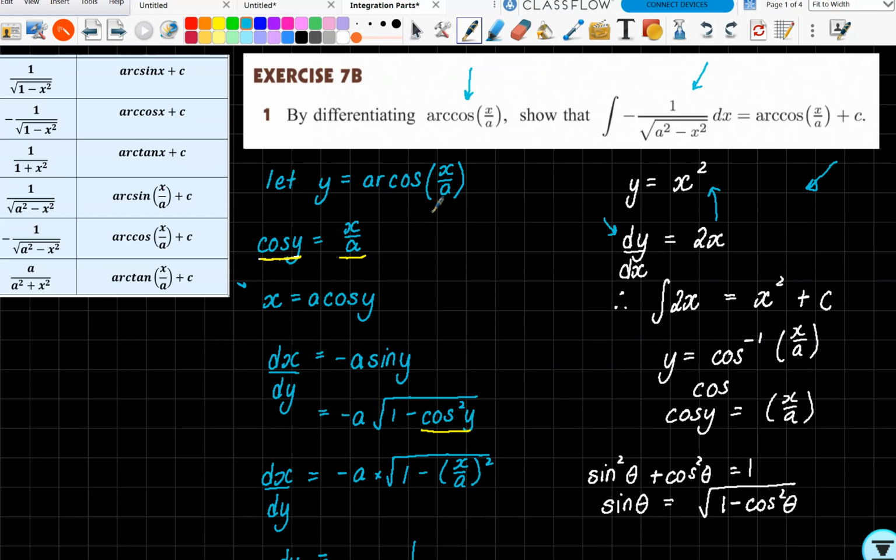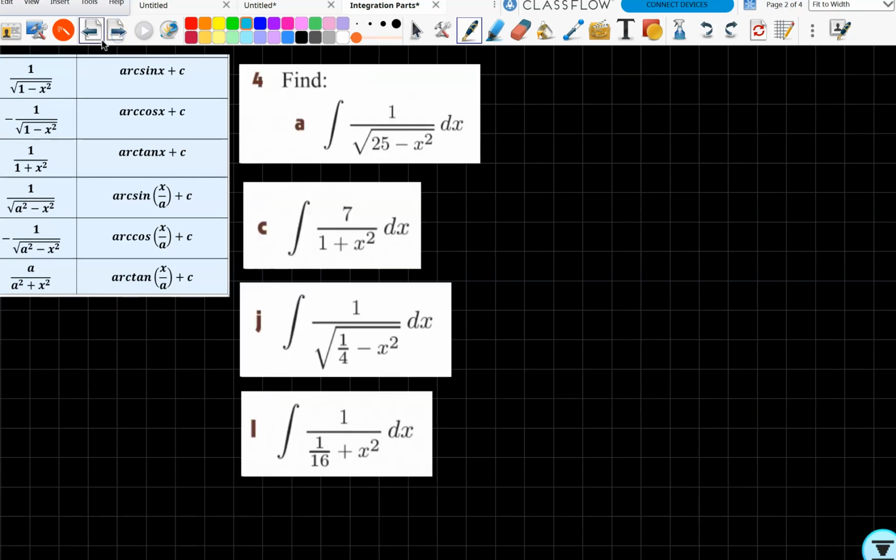So all good. Now let's have a look at applying these rules to simple things. Those were proofs. We don't need to do a whole lot of those. So this one, it's all about match, match, match. We've got 25 take x squared. We're looking at these rules to the left and we can very clearly see this one here.